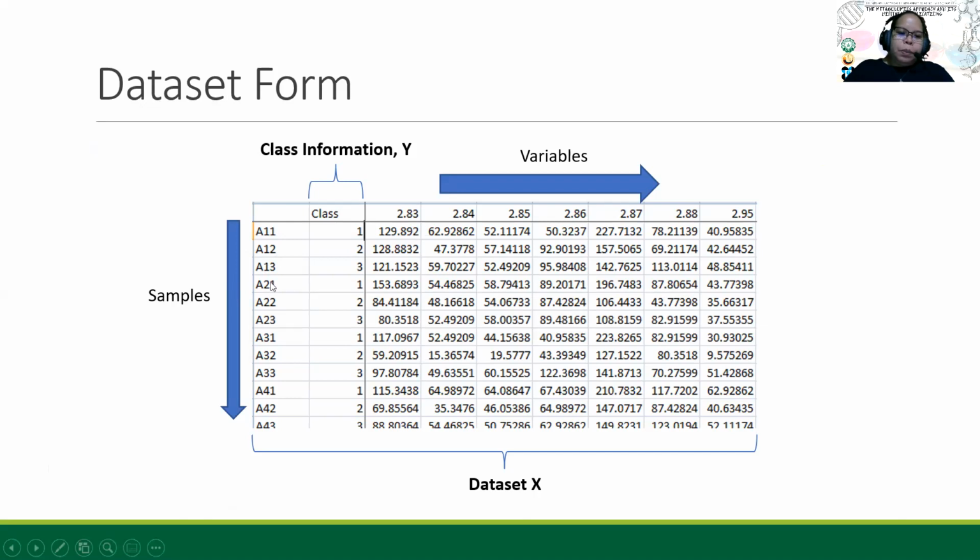And then your samples have to have unique sample names across variables. This is, I think, variables that are from spectroscopy data. But in terms of NMR, it can be your chemical shift data depending on the bin size.